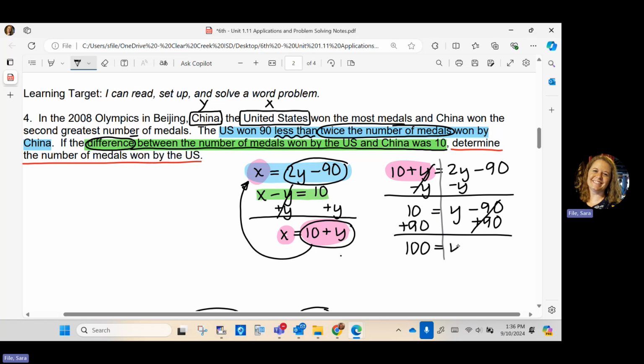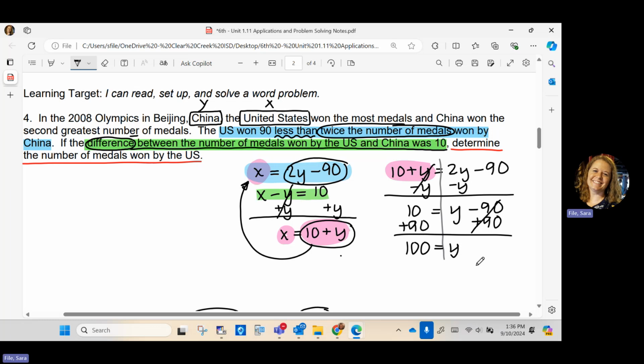So Y is 100. Was Y China or US? Go back up here, look where I labeled. What did I label? China was the Y. So have we answered the question yet? The question is, how many did the US win? Well, China won 100.